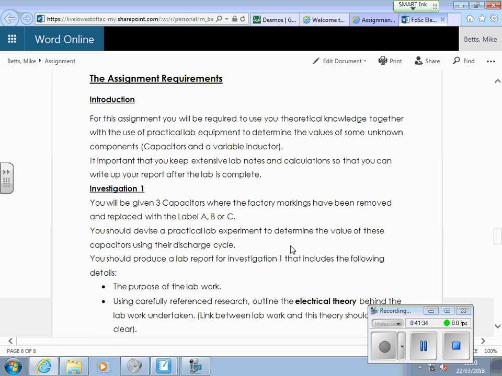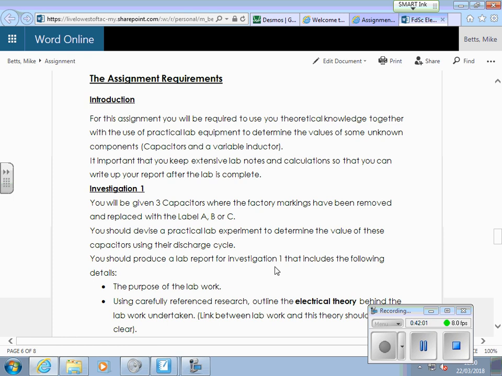You will be given 3 capacitors where factory markings have been removed and replaced with the labels A, B and C. Devise a practical lab experiment to determine the value of these capacitors using their discharge cycle. So you're going to time the discharge cycle using the theory that we talked about, the capacitor charge and discharge.